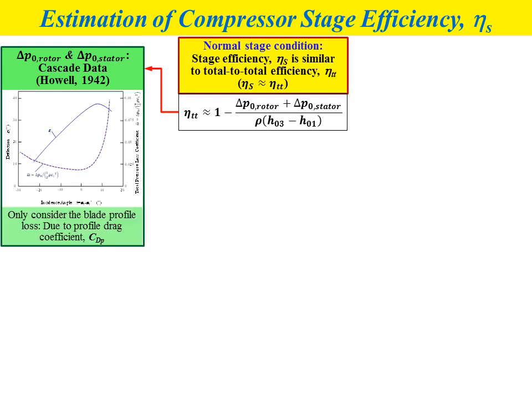However, this data of Howell 1942 only considers the blade profile loss due to the profile drag coefficient CDP. So from Howell 1942 we only obtain delta p naught, or total pressure loss, based on profile loss.